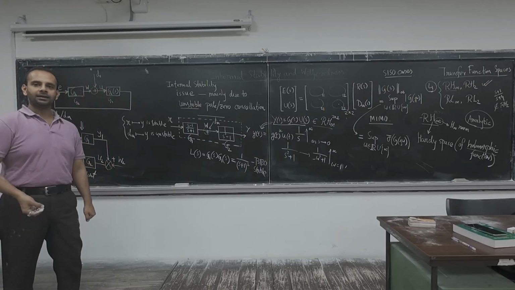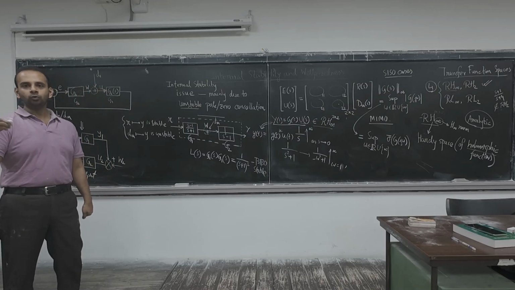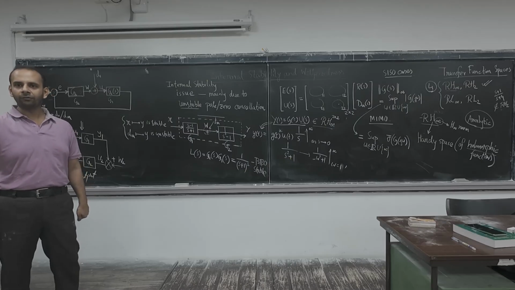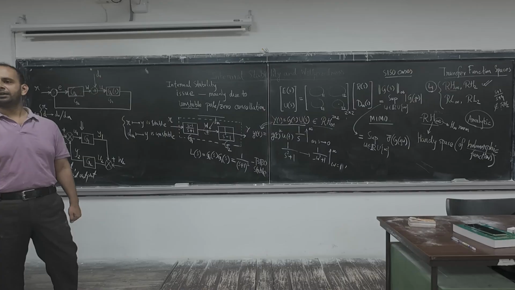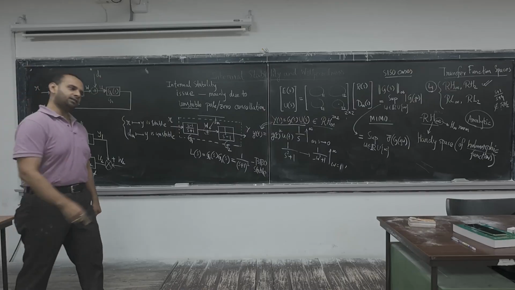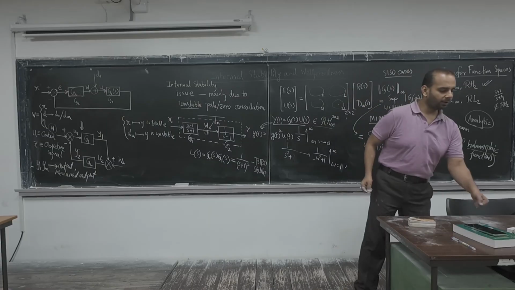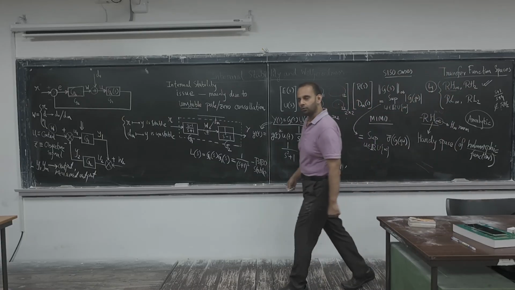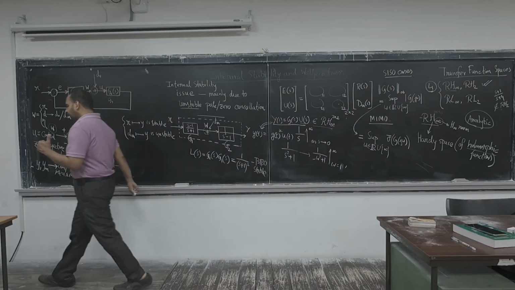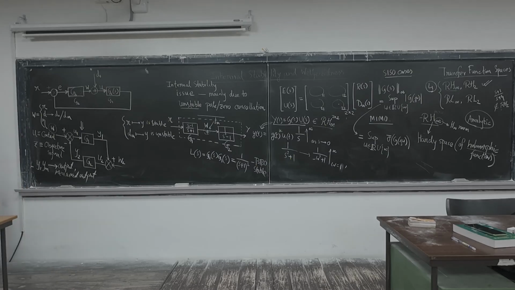And I said you read chapters 2, 3, 4 as prerequisites, and then maybe 6, 7 and half of 8 will be the main content. This is also a very standard book, but as I said, for beginners it will be difficult to understand. But for internal stability and well-posedness, this book is really good.